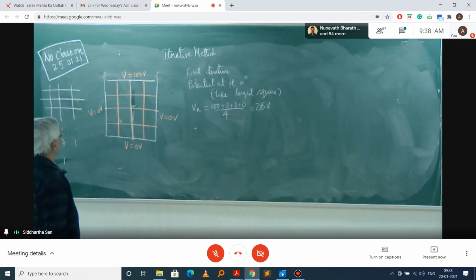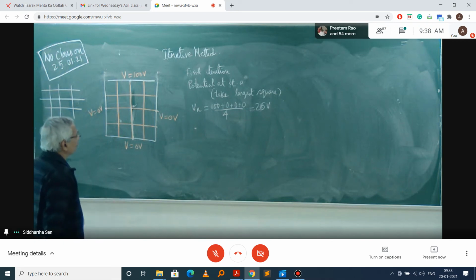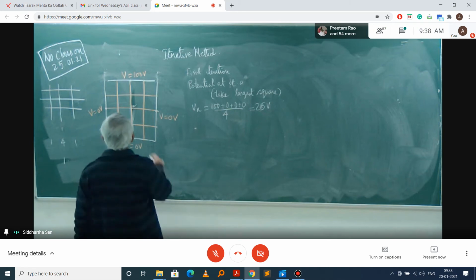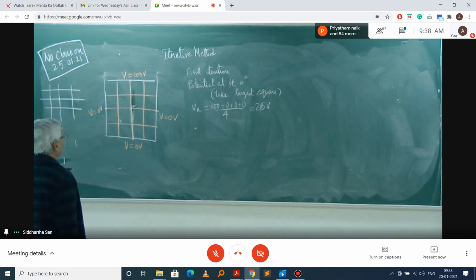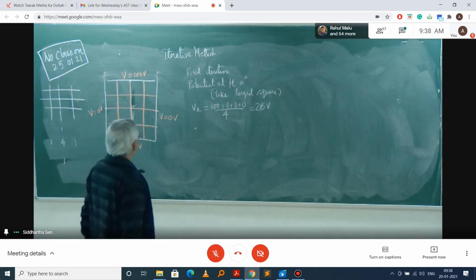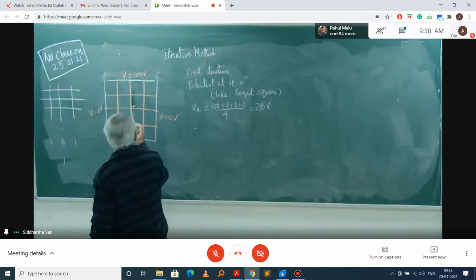So it is just an approximation because it has to go for iteration to iteration. So here we don't have the potential at this point, this point, this point, this point, but we may have some sort of diagonal potentials also there.